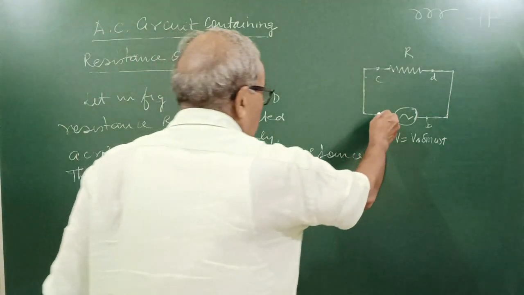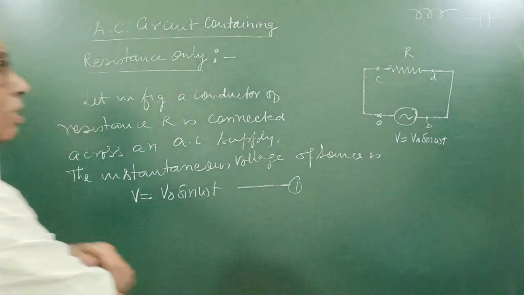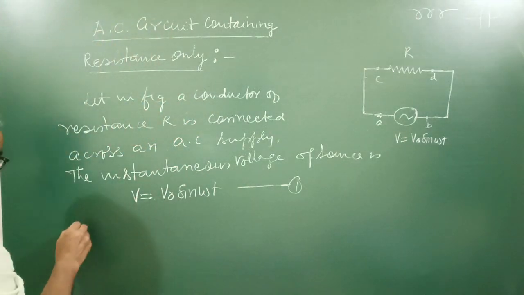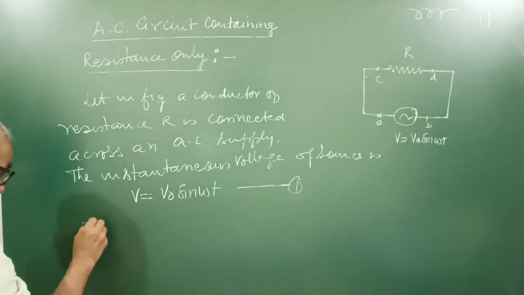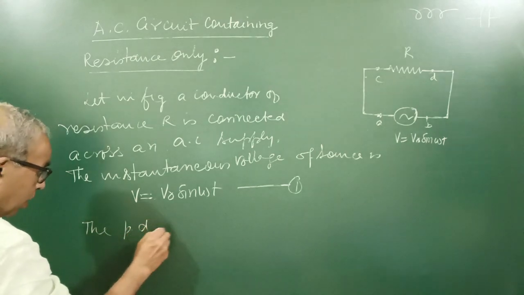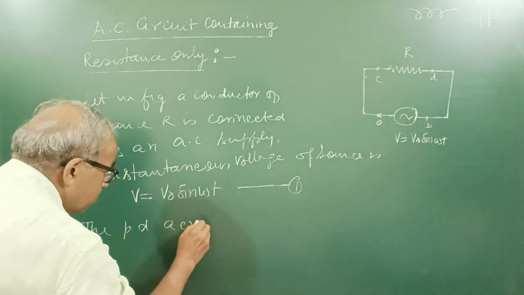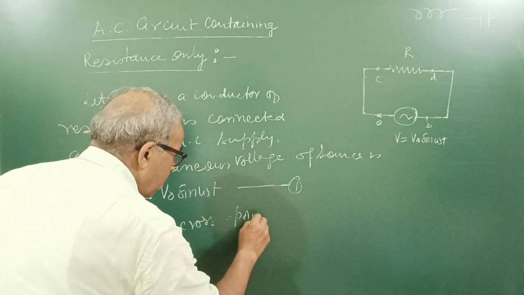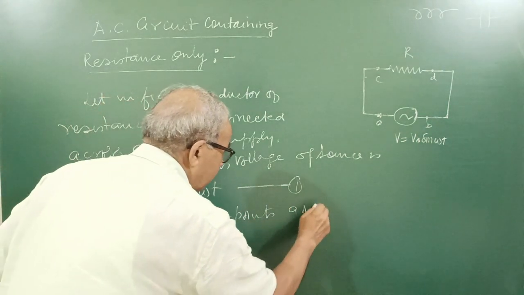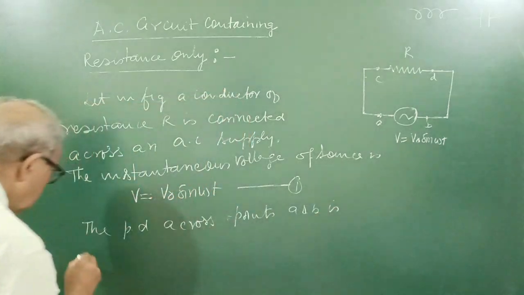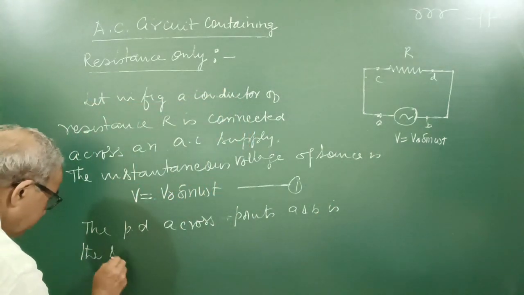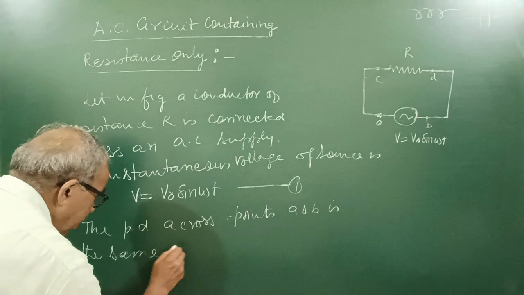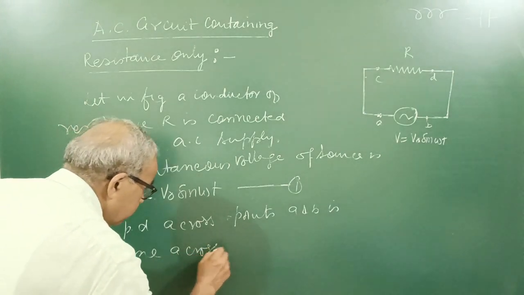Now the source voltage across AB, the potential difference across points A and B, is the same across CD.